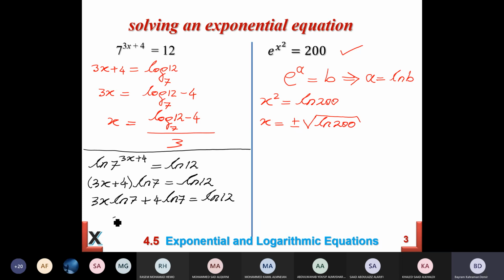And then you will get x equals ln 12 minus 4 times ln 7, divided by 3 times ln 7.